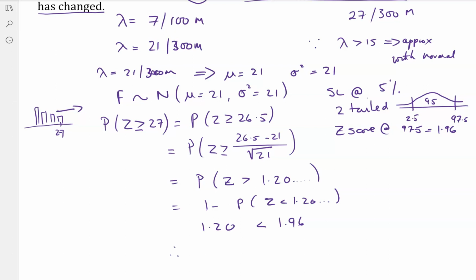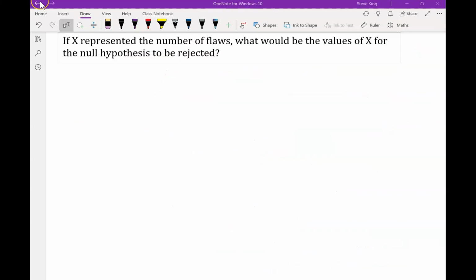So therefore 27 is in the acceptance zone, and so therefore we're going to accept the null hypothesis.